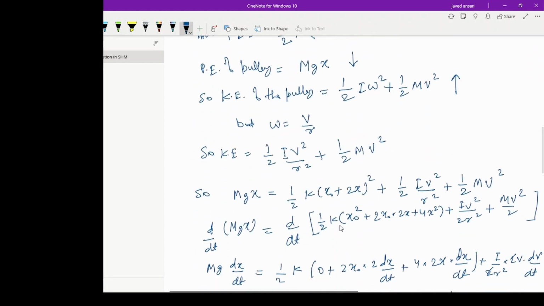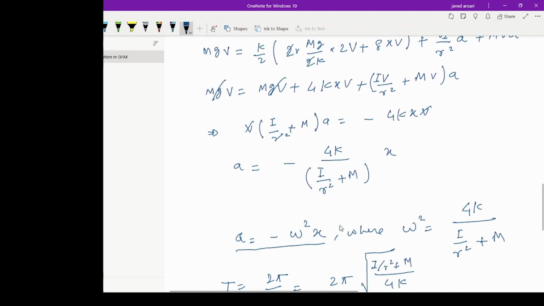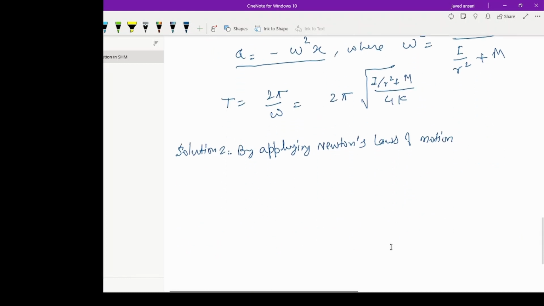After the equilibrium, let's say you pull the system a little by a distance of x. So what will happen? The tensions in the two strings will not remain the same because there will be a rotational force. So there will be a tension difference in the strings which will create the resultant torque, and that will make the pulley rotate.